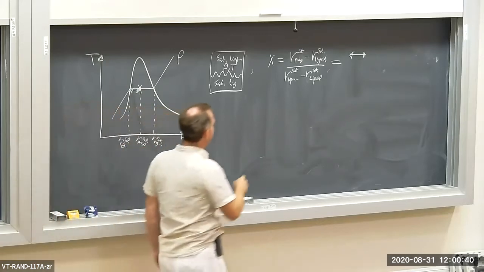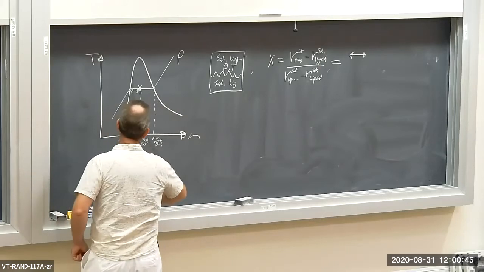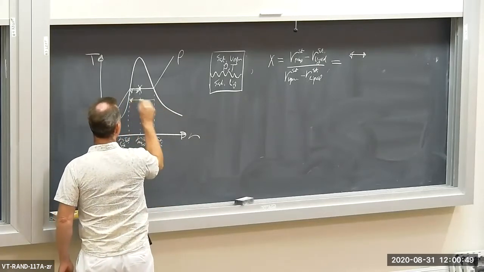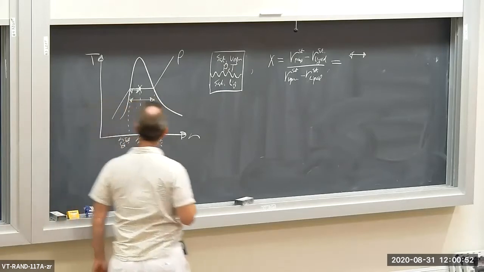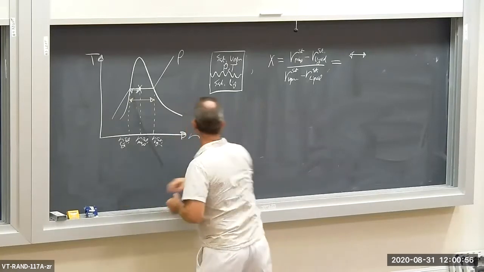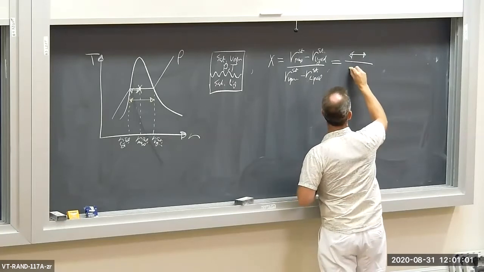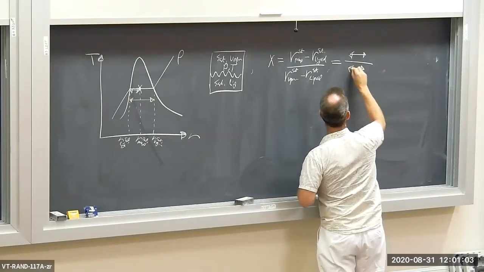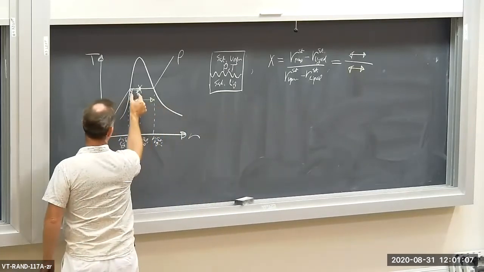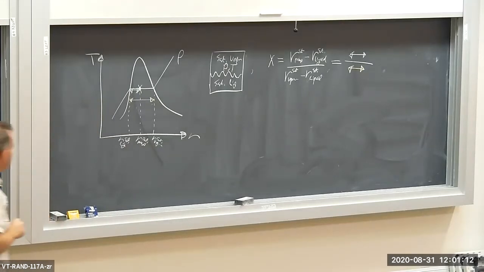And then v_sat vapor minus v_sat liquid in the denominator is represented by this yellow distance right here, okay? So in the denominator we have the yellow line, and in the numerator we have the green line, or segment, if you like. This distance divided by this distance, take the ratio of the two and you get the quality, okay?